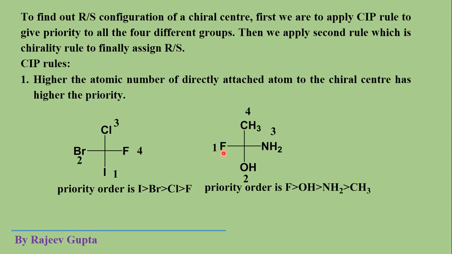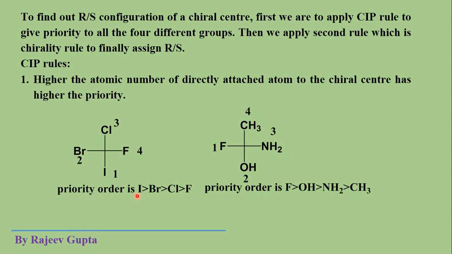Obviously fluorine has the highest atomic number, 9, so it will get number 1. Then comes oxygen, atomic number 8, then nitrogen, 7, and carbon has atomic number 6. So 1, 2, 3 and 4.